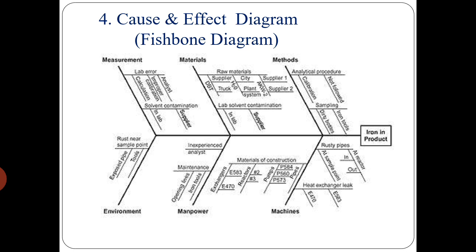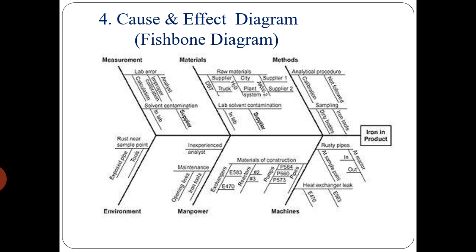See, in industry, there will be a process. Finally, we'll get output. So for output, there will be a process. To the process, there may be many inputs like machines, methods, materials, manpower, environment, measurement. So these are different inputs for processing or to get the product.